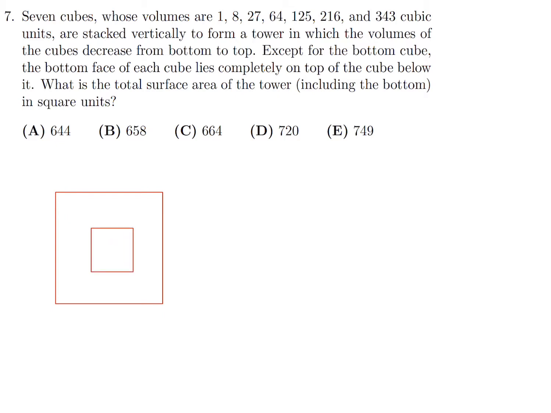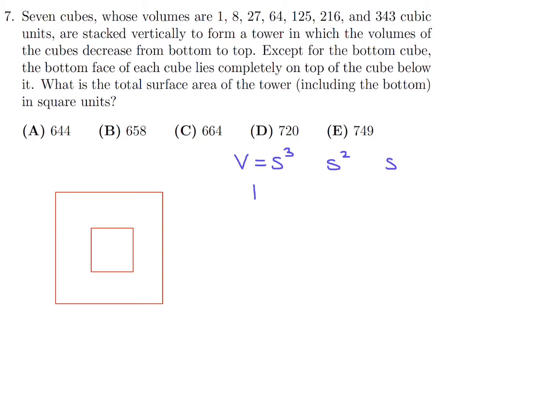So what happens is one bottom surface area is not counted for the top cube, and then that also covers that much area on the top of the cube below it. So I hope that made sense. So we have volume, and that is going to be S cubed, and then we have surface area of each side, and then we have the side length.